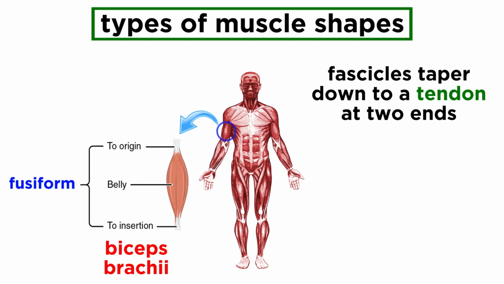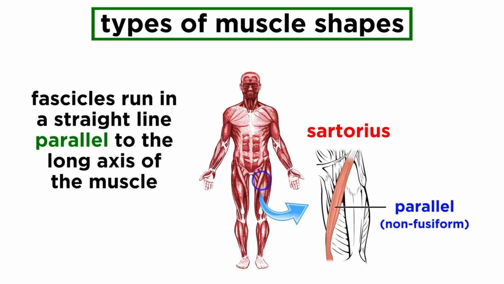If they taper down to a tendon at two ends, that is called fusiform, like the biceps. If the fascicles run in a straight line parallel to the long axis of the muscle, that is a parallel arrangement, like with the sartorius muscle found in the thigh.